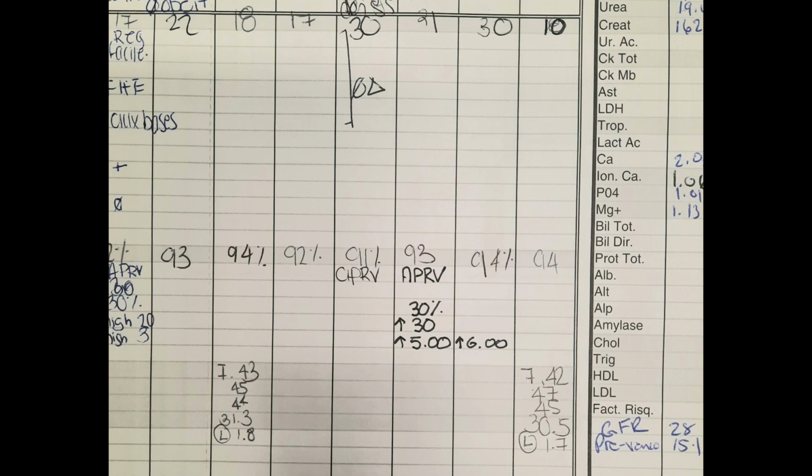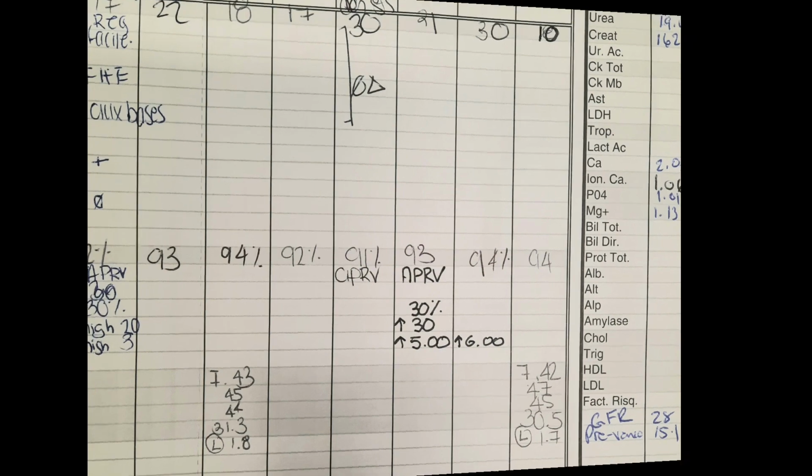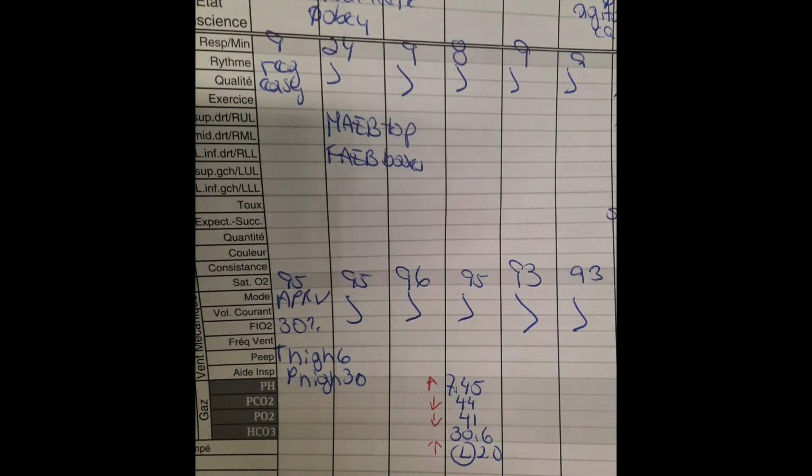You have a pH of 7.24 and a clearance of CO2 of 47, with a rate that's decreased to 10 now. Here we see on the top now that the average rate is around 9 to 8 releases, and still we have a very good blood gas, 7.45, and a CO2 clearance of 44.